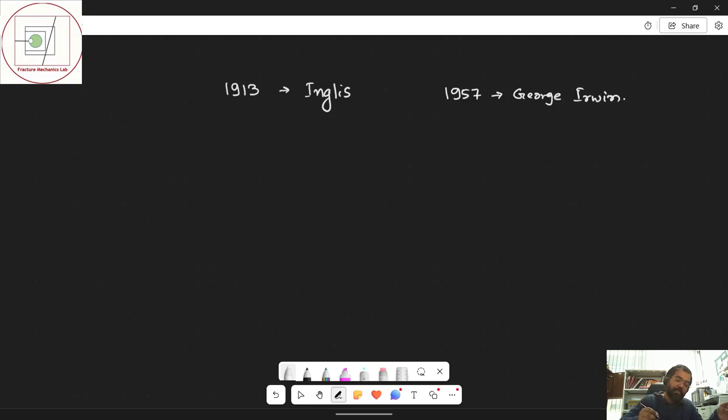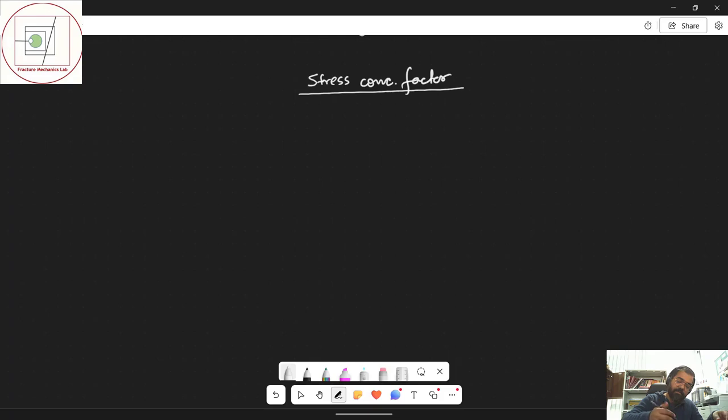So Inglis's work, he has taken inspiration from work previously done, and what he described is known as the stress concentration factor. The derivation we will not discuss, but we will see the importance of it.